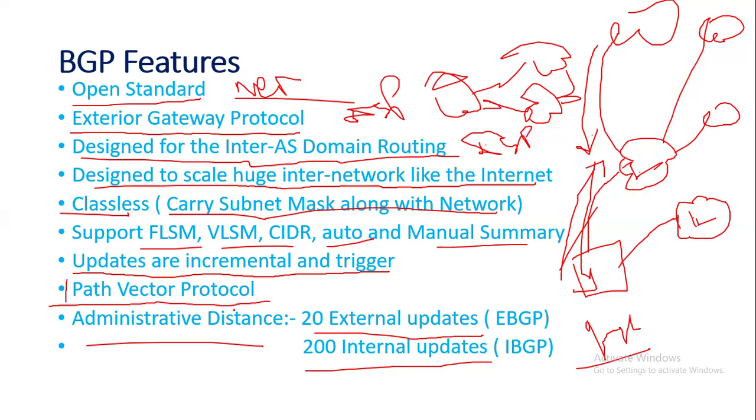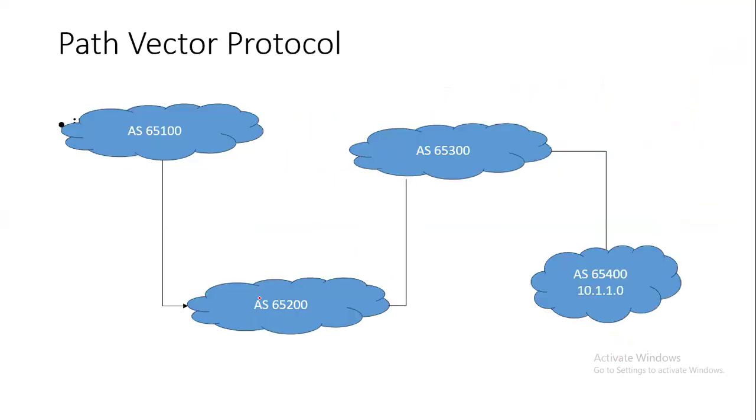Let's take an example. What is a path vector? I have created this diagram.